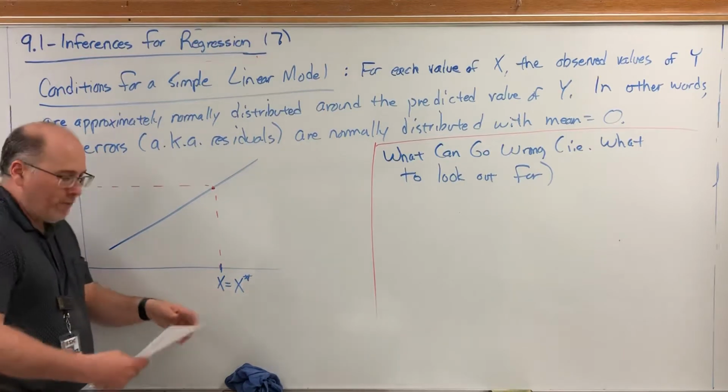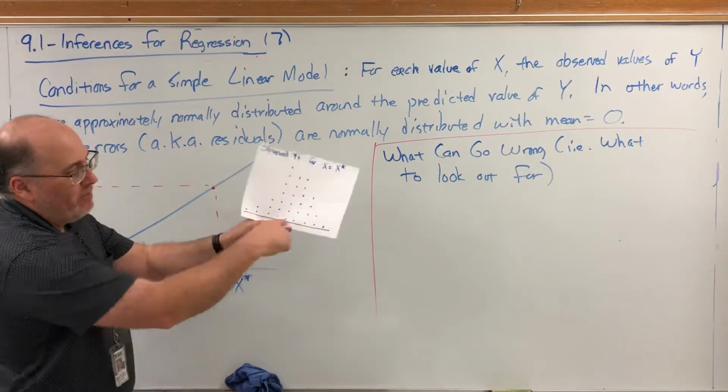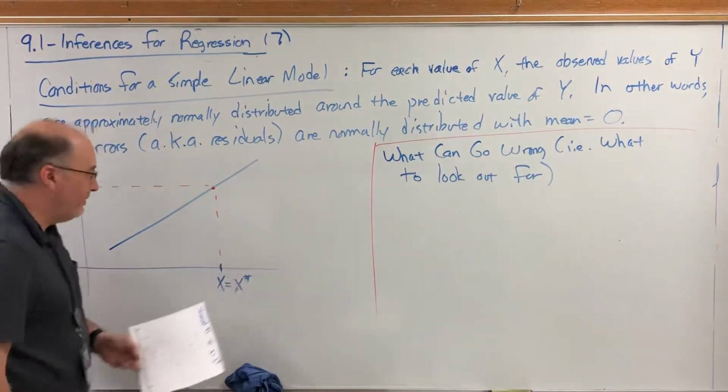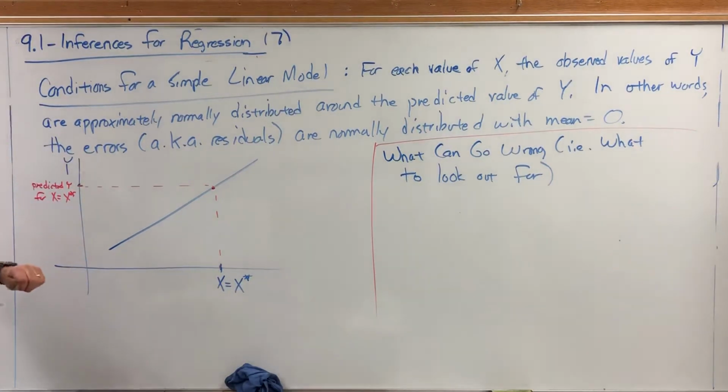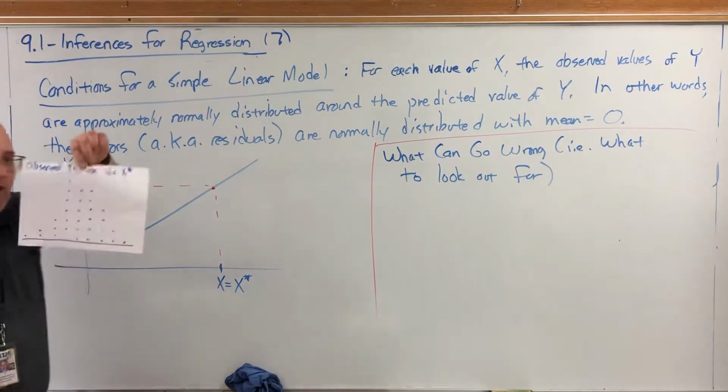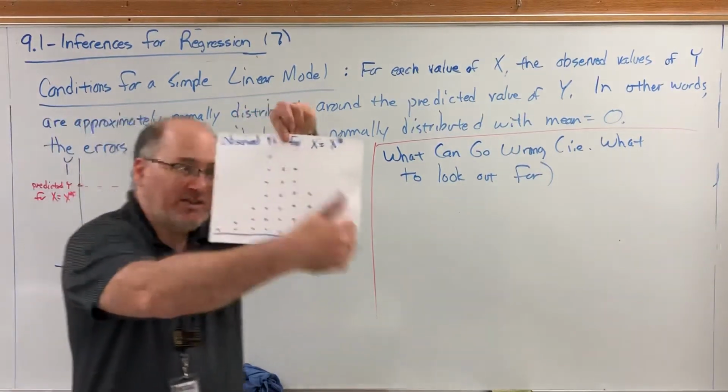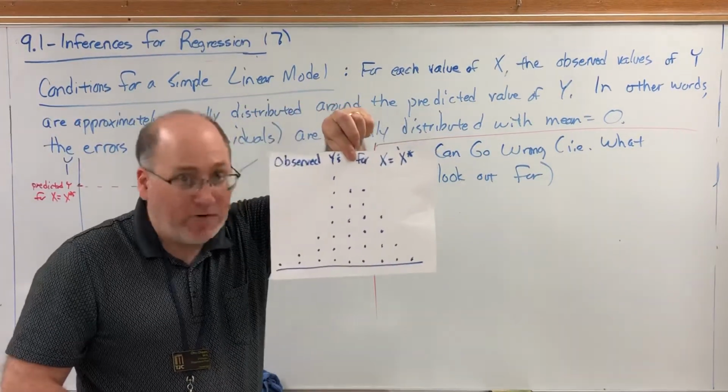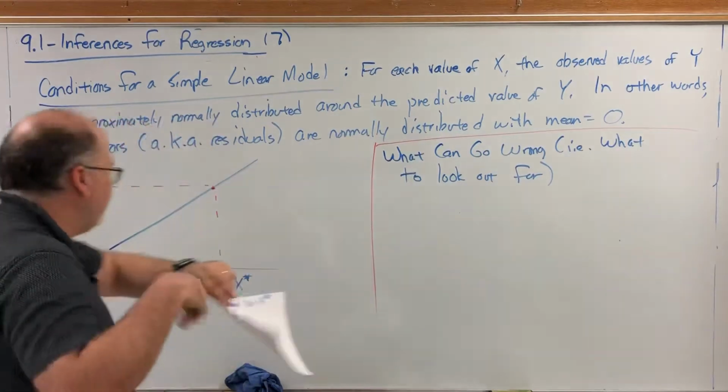If we had a bill of $40, let's say that this is a dot plot representing all the different tips that we got. What it means for the observed y values to be approximately normally distributed around the predicted y value means, number one, this should be approximately a bell curve, which it approximately is.